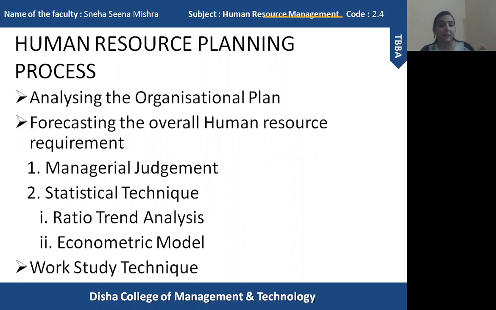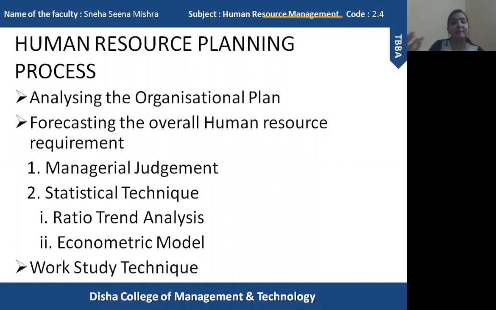So first of all they are going to find out the total units to be produced or total activities to be performed within a department, and then they will find out the total number of hours required to perform each and every single activity, each unit. And then they are going to find out how many hours a worker is supposed to take in order to create a unit or to perform the activity.